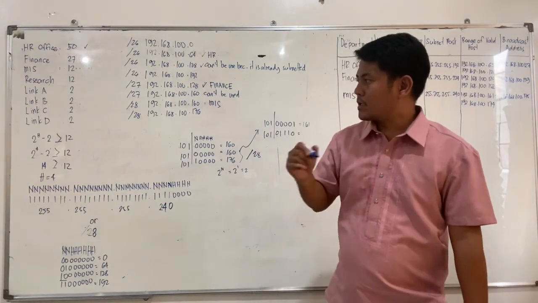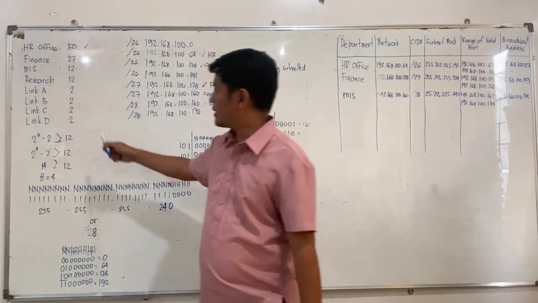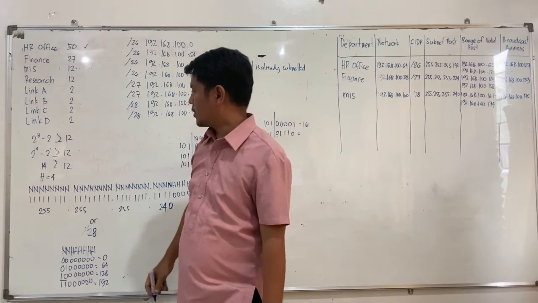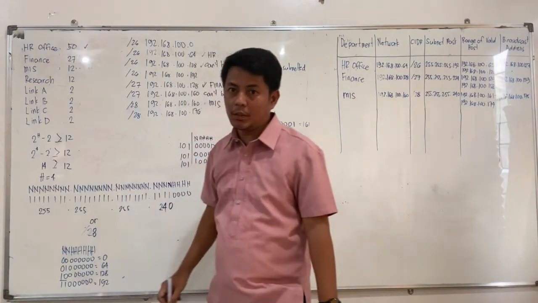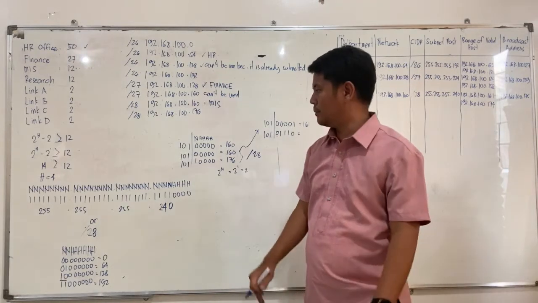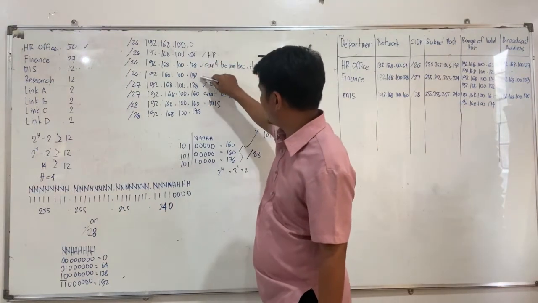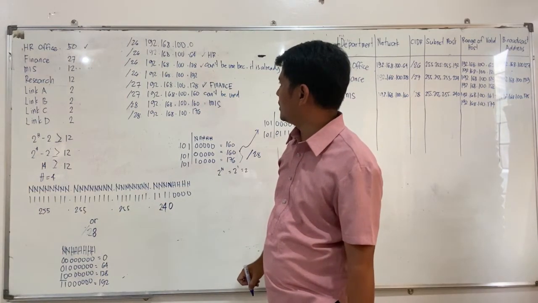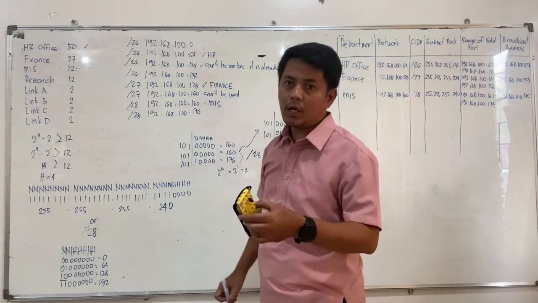Alright. Next, how about the research department? Again, they are the same: 12 hosts. So the same, 2 raised to h minus 2 is at least 12, so h will be equal to 4. Obviously, they have the same requirements, which is 12. Therefore, we have 3 available networks. Which of these networks are we going to assign to our research department?